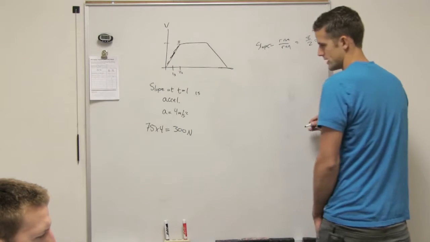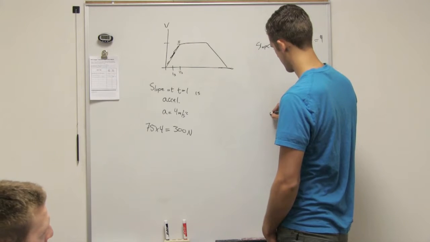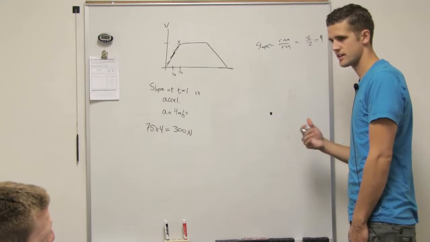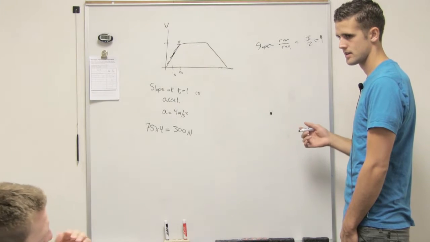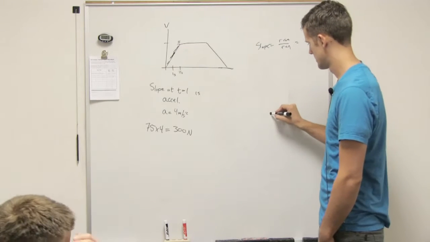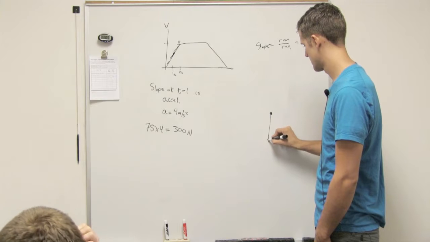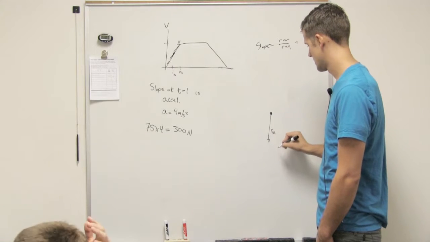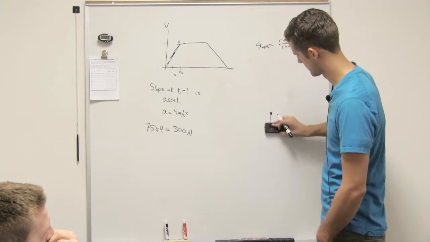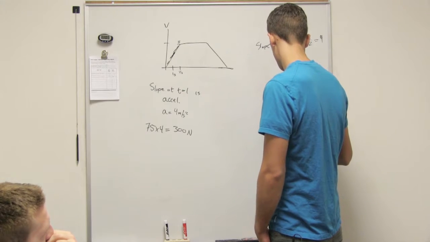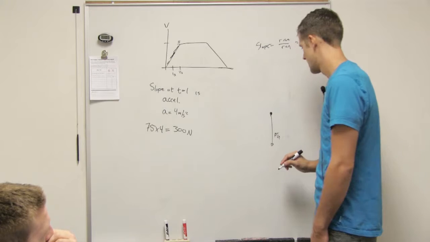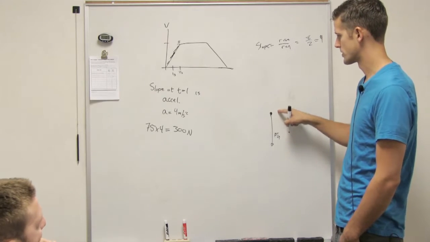So if we were to look at his free body diagram, what would be going on? He's in an elevator. So what forces are acting on him? Gravity. Yep, force of gravity. Let's get the other forces and then we'll talk about this. Force of gravity. And then what force is pushing him up?